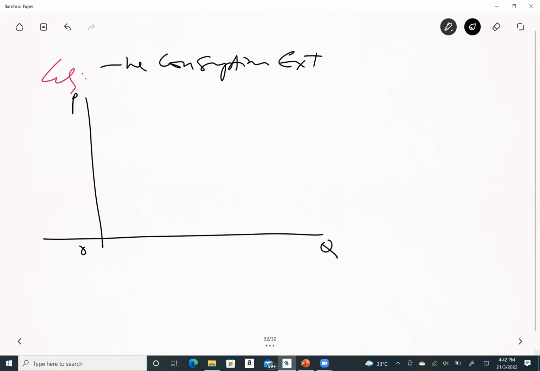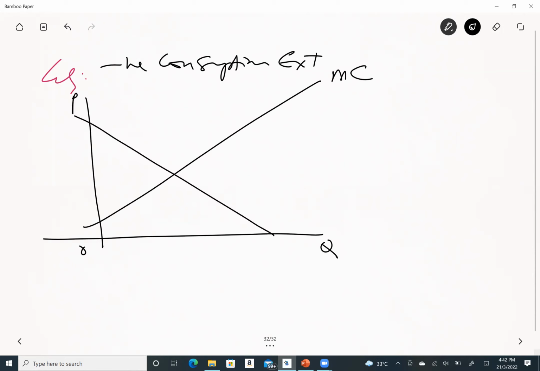So I have the marginal cost here. That's the marginal benefit, the marginal social benefit.